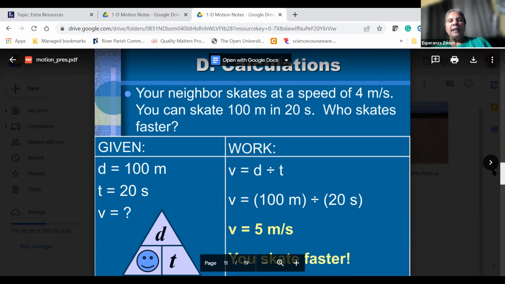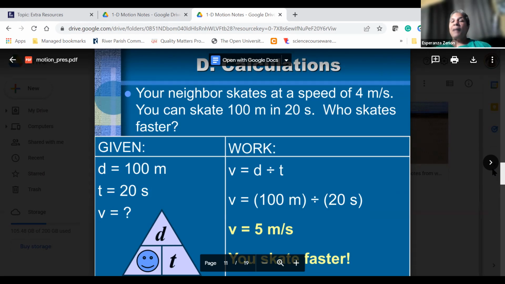Your neighbor skates at a speed of 4 meters per second. You can skate 100 meters in 20 seconds. Who skates faster? So now we know how fast the neighbor's going. The only thing we don't know is, well, how fast am I going? Well, I do know that I cover 100 meters in 20 seconds.